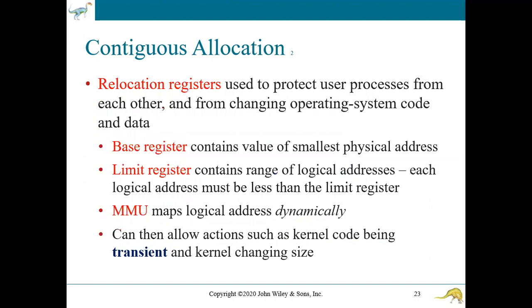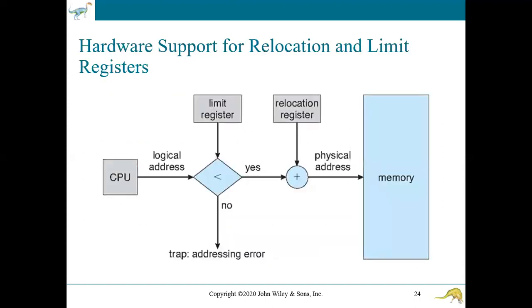The relocation register protects the user processes from each other, and from changes to the operating system code and data. The base register contains the smallest physical address of the process. The limit register contains the range of the logical addresses, and the MMU is logically deriving the address.